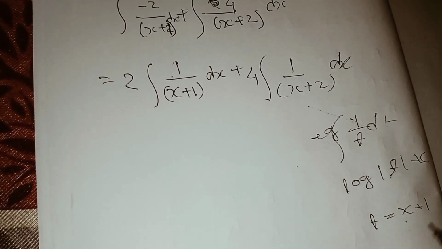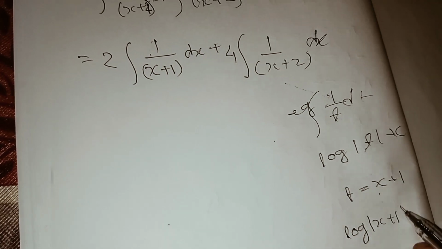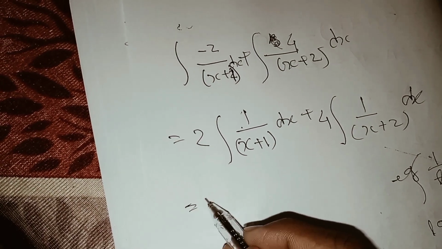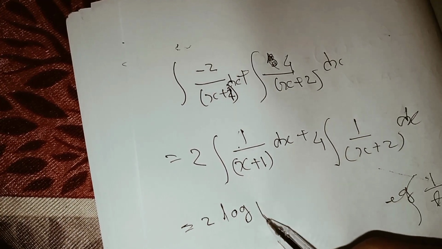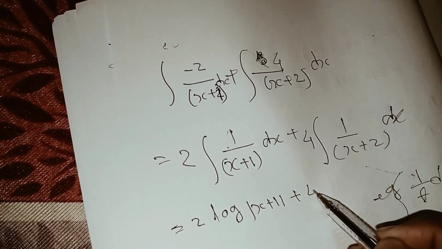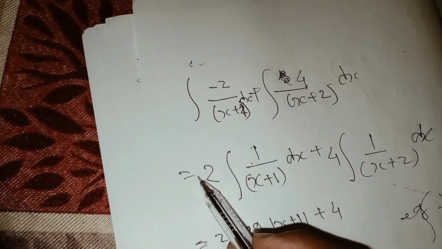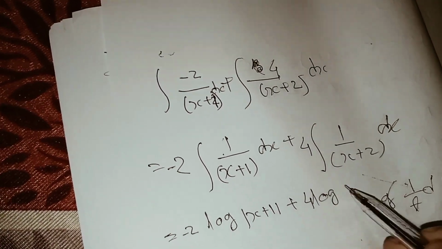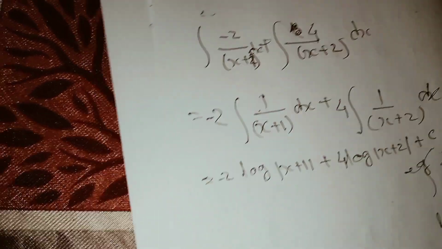So this becomes log of x plus 1 plus c. The constant is as it is, so the integration of this term is log of x plus 1, plus 4 is as it is. Don't forget to write this minus. Minus log of modulus x plus 2 and constant c.